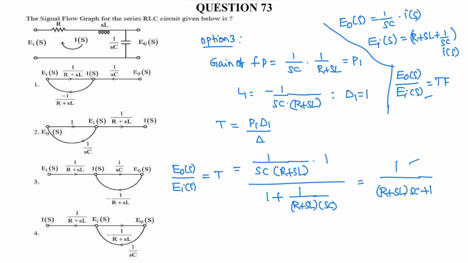The transfer function of this circuit and the transfer function of option 3 signal flow graph are both the same, hence the correct option is 3.